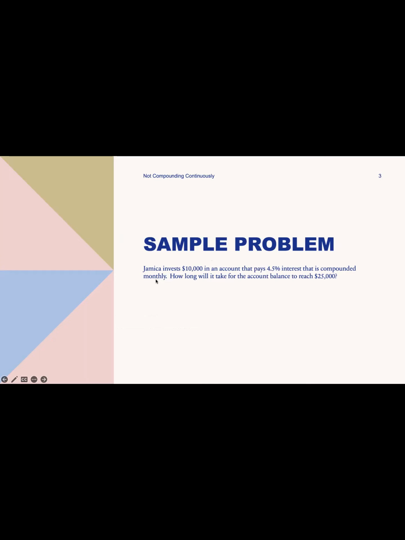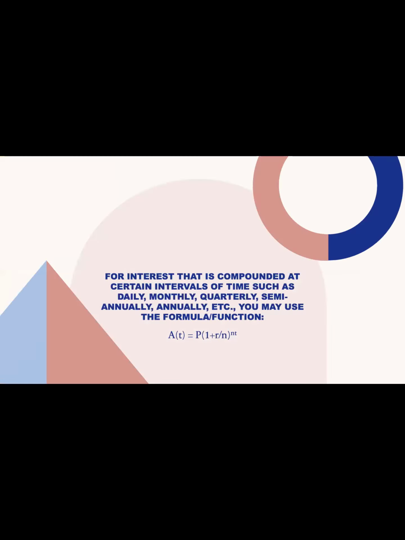Now, if it did say that it was compounded continuously, then there is a particular formula that you would want to use for that type of problem. But this one says that it's compounded periodically, and the period is monthly. So look for problems that specify that it's being compounded periodically. When you identify those types of problems, then there is a specific formula that you want to use to solve those types of problems. And here it is.